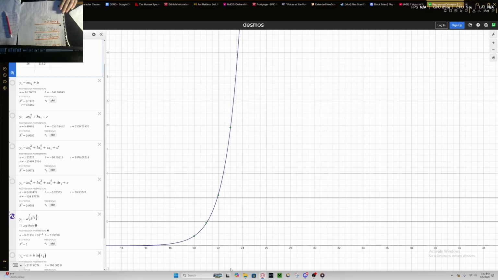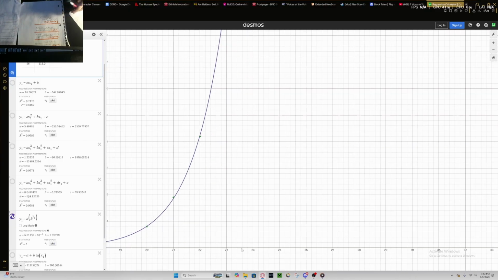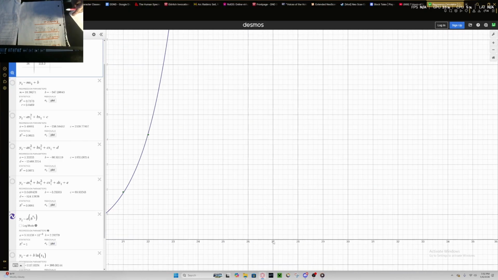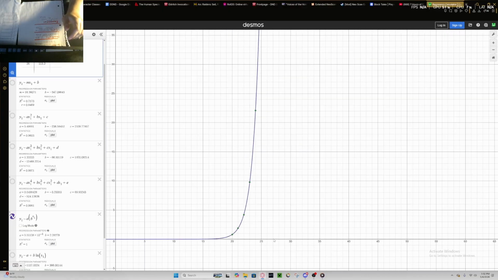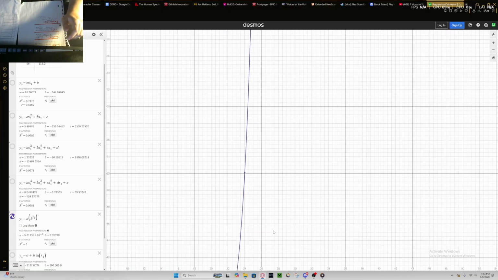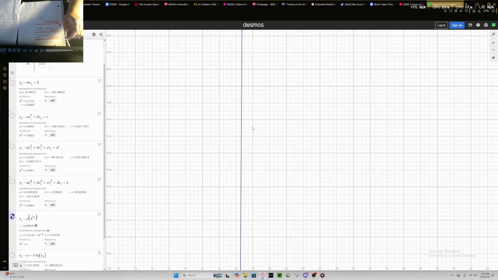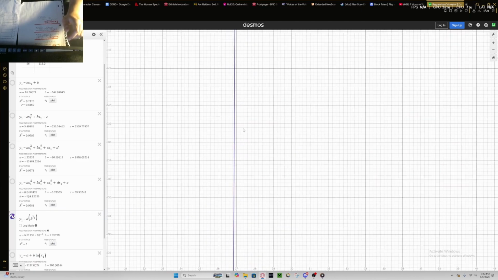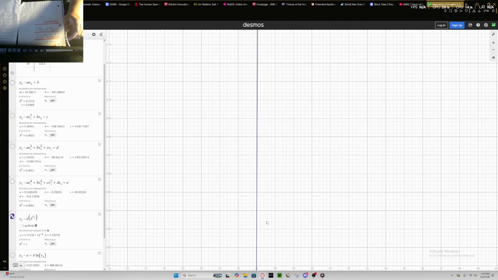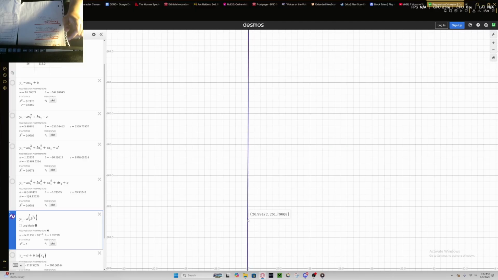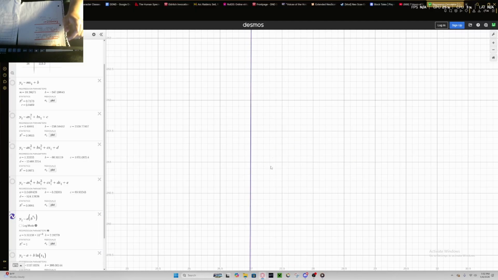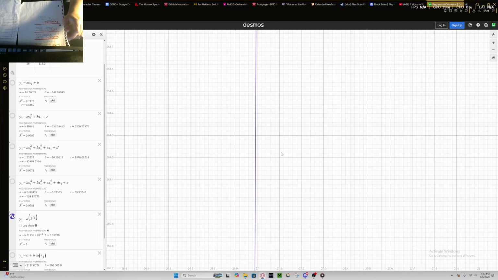So to determine where 2027 would be, you would go right here on Desmos, drag all the way up until it hits the line right about there. And what do we get?